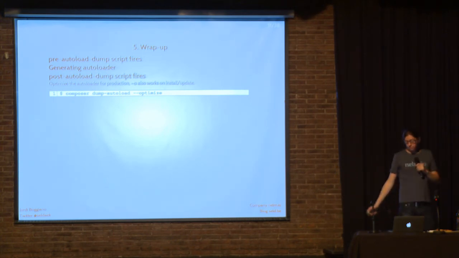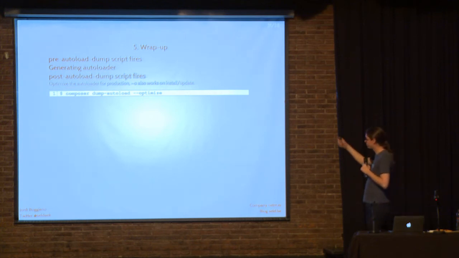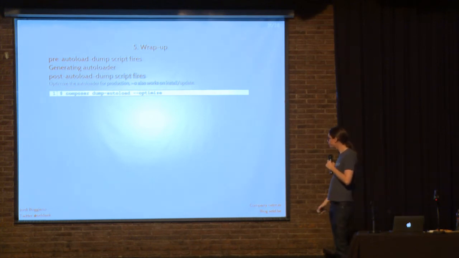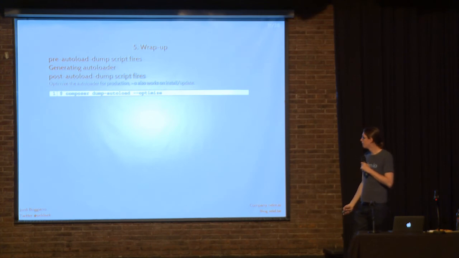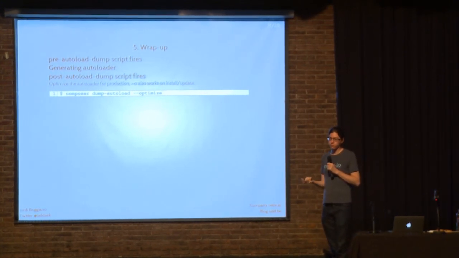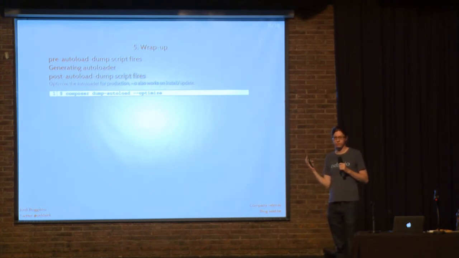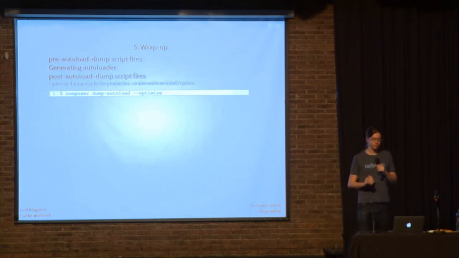Then finally, you have the autoload dumping, which happens with those scripts before and after. And there's this -o flag to optimize it. I mentioned it yesterday already, but who was there yesterday, actually? Okay, most of you. I'll say it quickly.